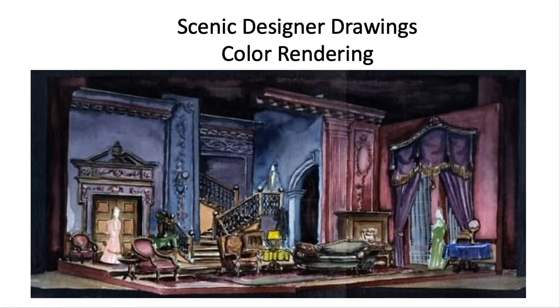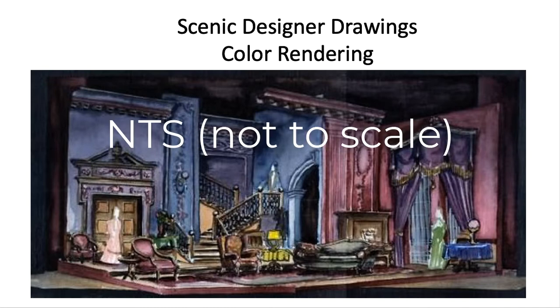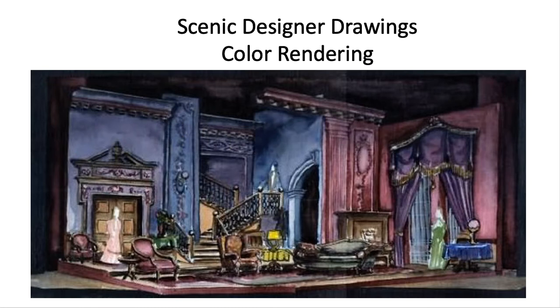The first of the scenic designer drawings that I want to show you is what's called a color rendering. A color rendering gives the essence of what that set is going to look like. It is not in scale, so a technical director can't build from this type of drawing, but it gives the director and the other design team sort of an essence of what that set is going to feel like.